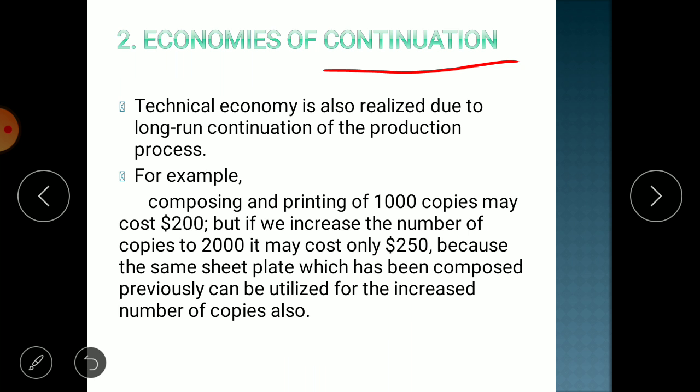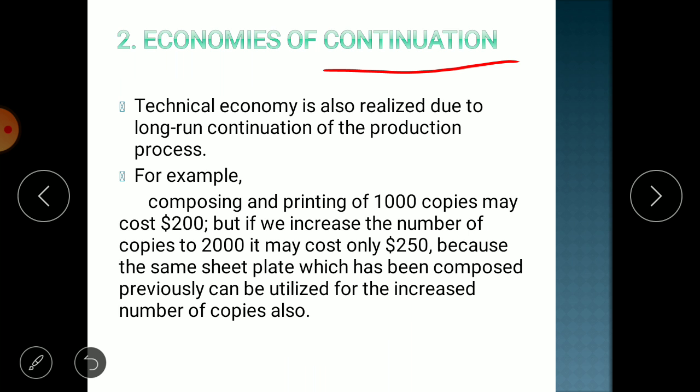For example, composing and printing of 1000 copies may cost $200, but if we increase the number of copies to 2000, it may cost only $250, because the same sheet plate which has been composed previously can be utilized for the increased number of copies also.